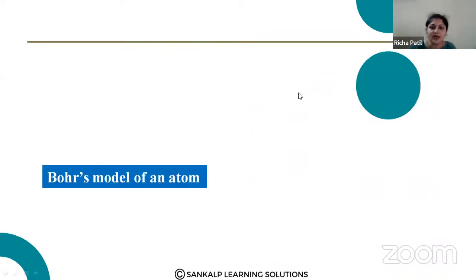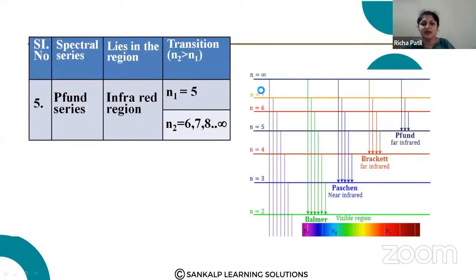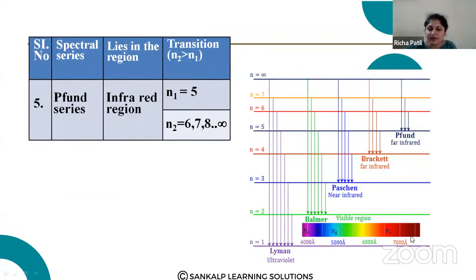What is the visible region? You can see it is from 4,000 angstrom to 7,000 angstrom. You can see different light here. So the Balmer series was named after the scientist Balmer, and its spectral lines fall in the visible region. This is the second spectral series.